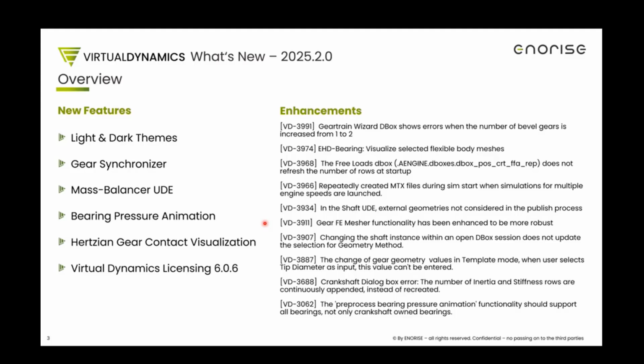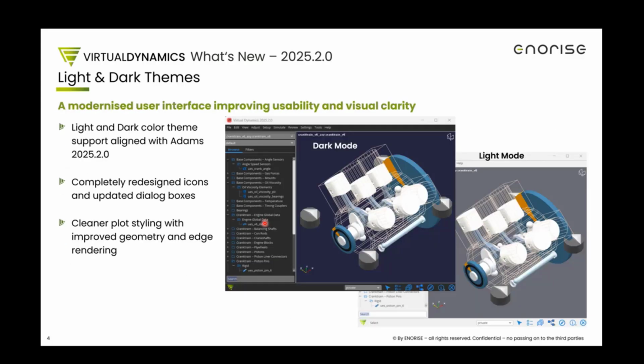And now to go into the little details, let me start with the most obvious change, the light and dark themes. As they say, the first impression of a software begins even before the first click. Keeping that in mind, we now bring to you a modernized user interface with improved usability and hopefully better visual clarity.